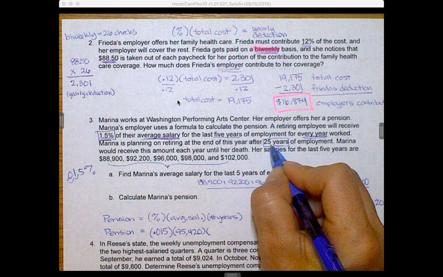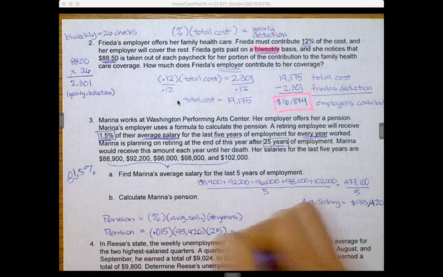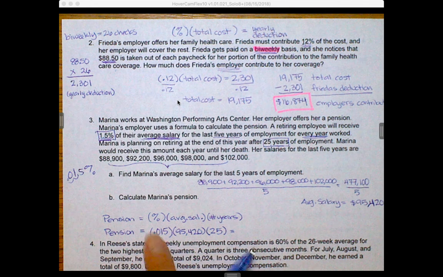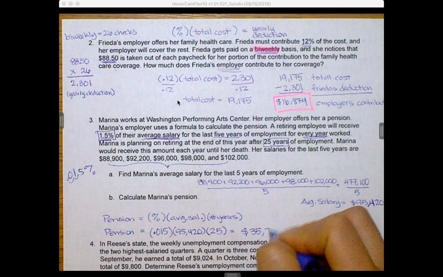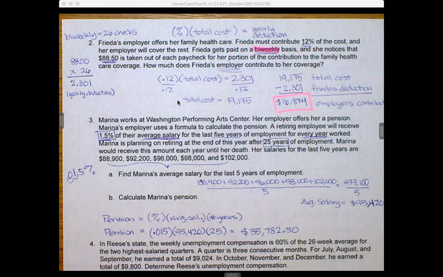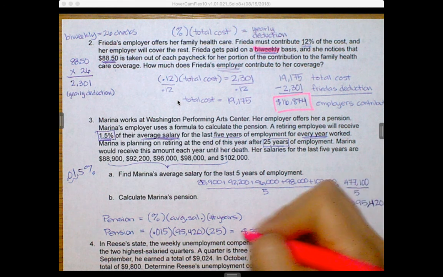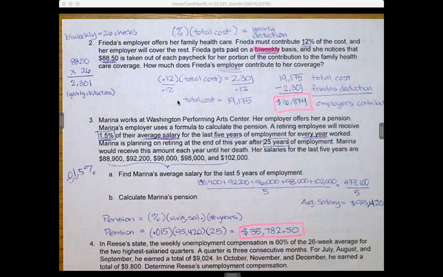That was given to us up here as 25. I'm going to go ahead and multiply all of those together. So here's what we get. $35,782.50. So that is her pension amount that she's going to be paid every year until her death.